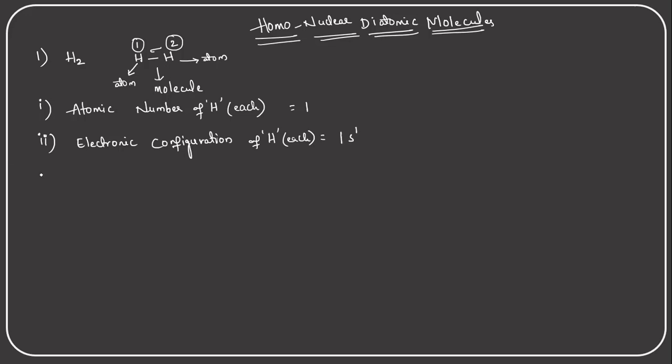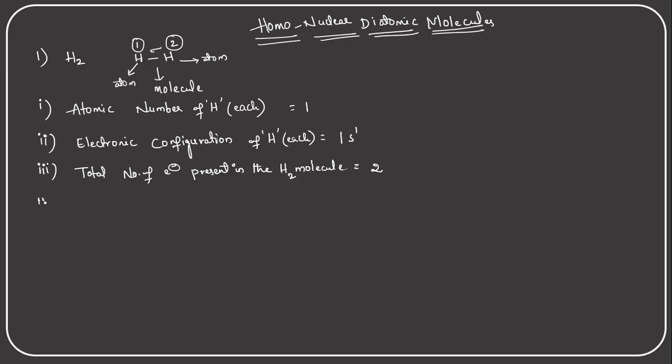Now the third point is the total number of electrons present in the H2 molecule. How many electrons are present in this H2 molecule? Hydrogen has one electron and the other hydrogen also has one electron, so the total number of electrons is 2.